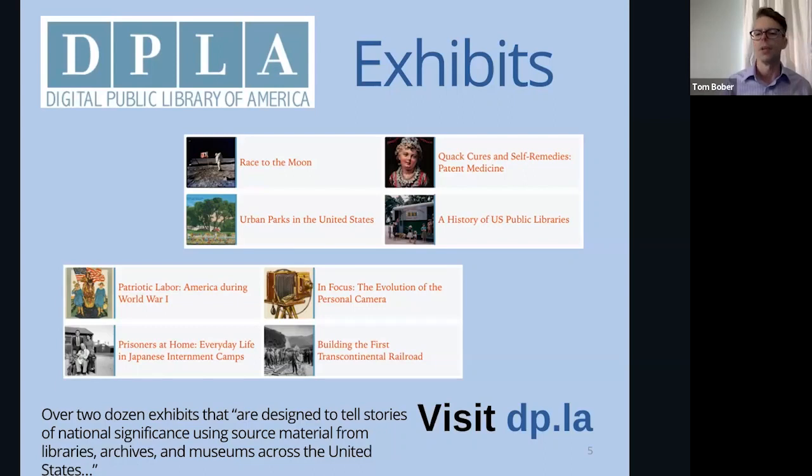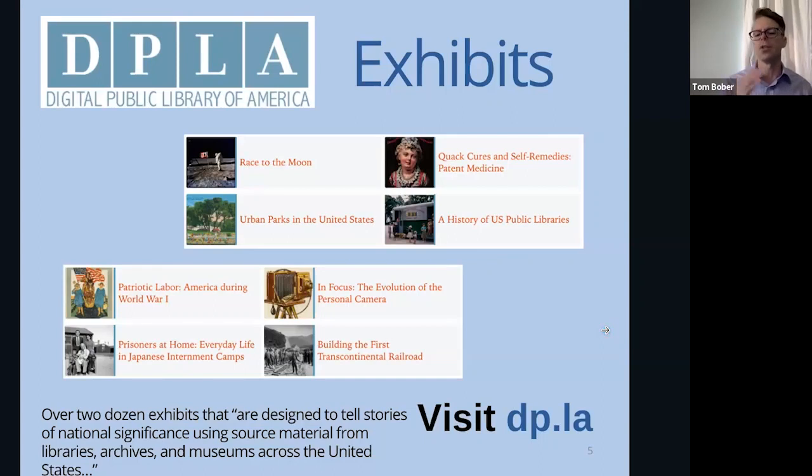I think one really important thing to share as well is that this is not an exhaustive search. You're not getting everything, for example, that's connected to the race to the moon or the evolution of the personal camera, but you are getting some of the highlights, some of the best, according to the individuals that are putting together these exhibits.